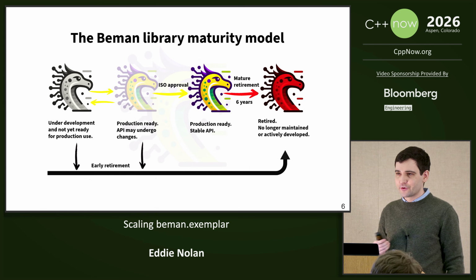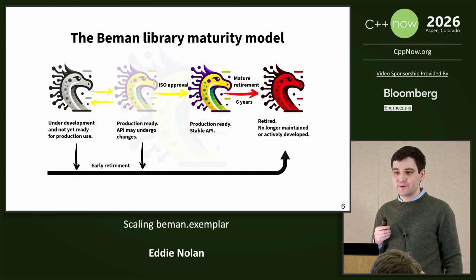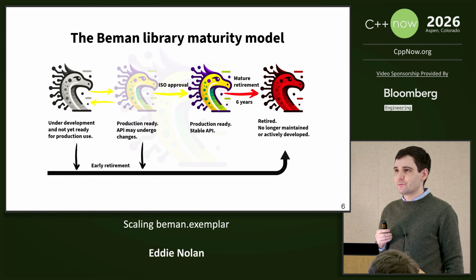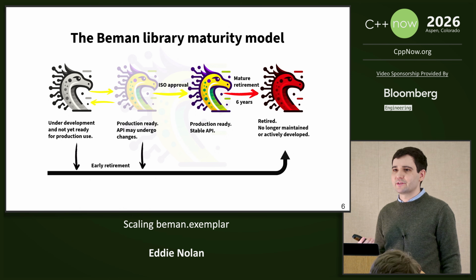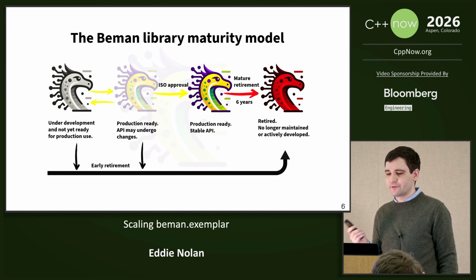Once ISO approves it, then we can call the API stable, and then we want to keep that library around and actively maintained for 6 years. After that 6-year time span has elapsed, we don't get rid of the library, but we no longer actively maintain it, and we encourage users of that library to switch to the standard library's shipped implementation of whatever the library is.